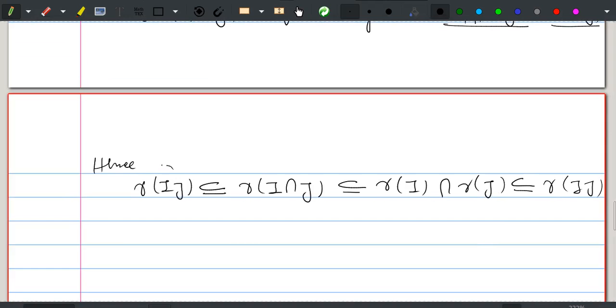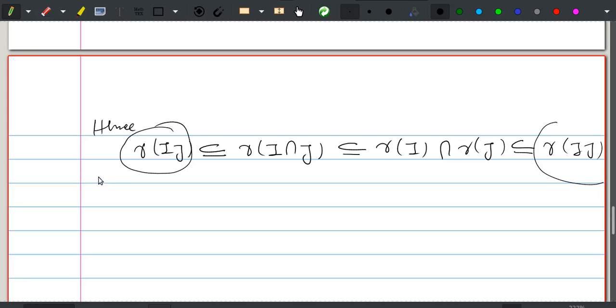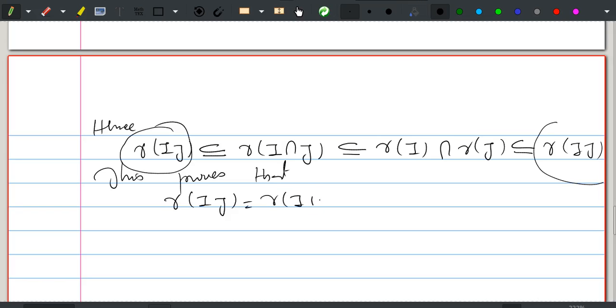So we started with this thing over here and we ended up at the same thing. So this proves that the radical of IJ is actually the radical of I ∩ J, which is actually the radical of I intersection the radical of J. So this is what we got here.